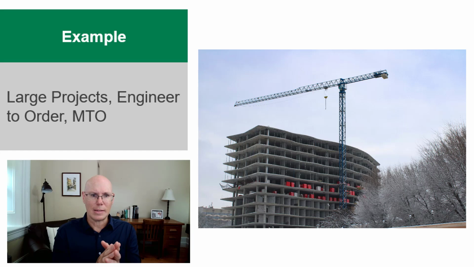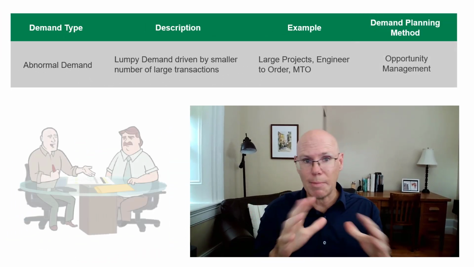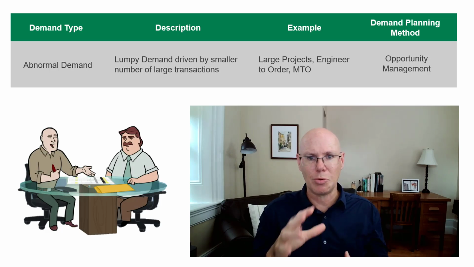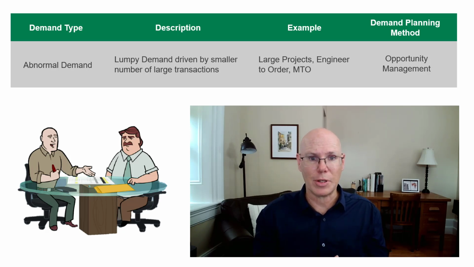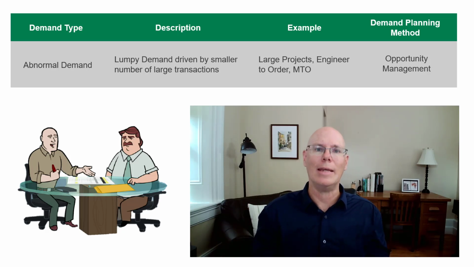In this case, you want to manage your demand plan. Because of the lumpiness or intermittent nature of demand, you want to pull opportunity data from tools such as your CRM tool. Statistical forecasting will not work for this type of data. Assigning probabilities and calling projects either in or out of the plan is critical.